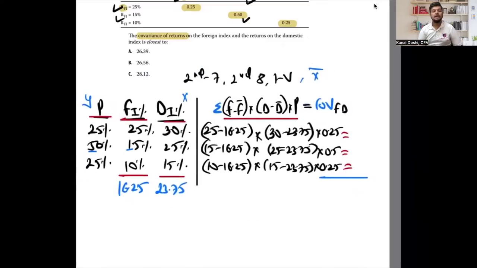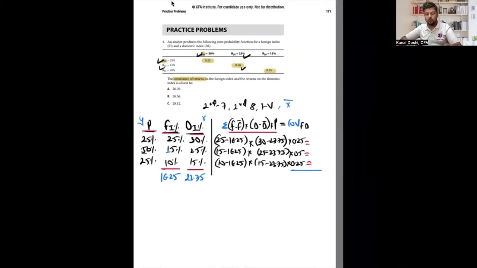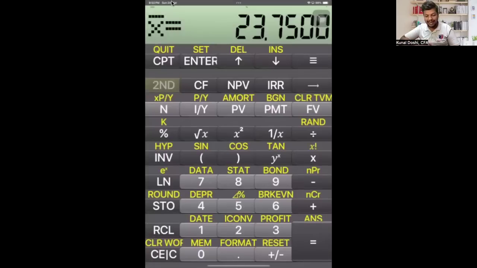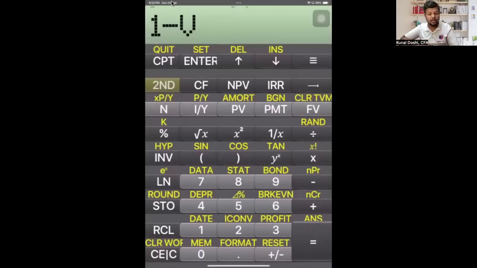Now, let's solve this. First you do it in your calculator, and if you want, we can do it together, or you can solve it, because here the signs do matter a lot. If you don't see 1V in your calculator, when you put all the values and press second 8, you might see something else.